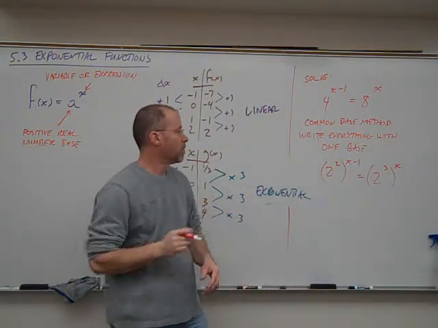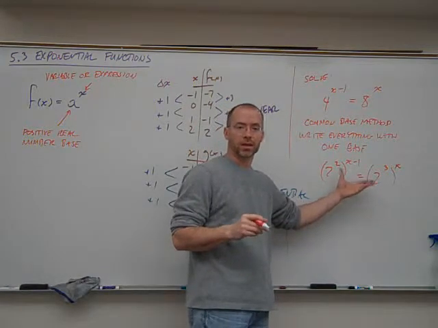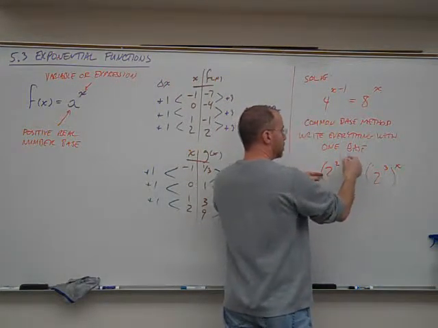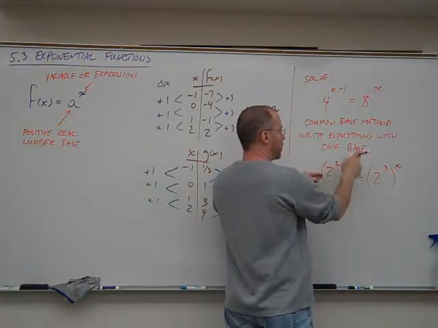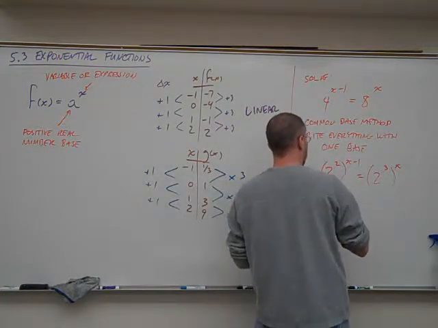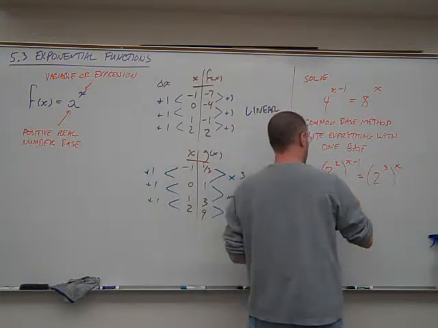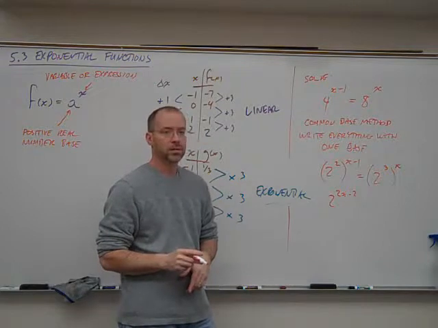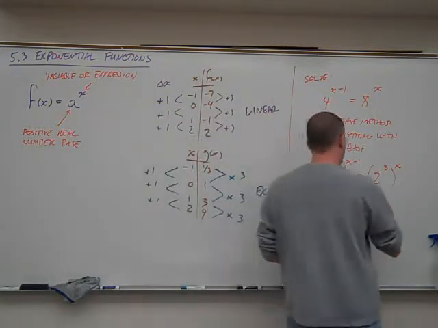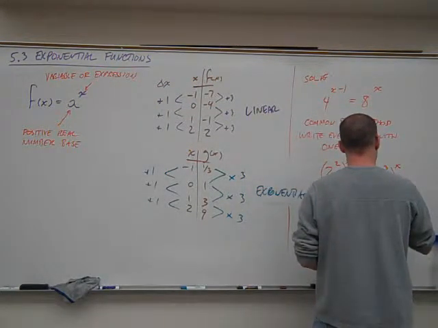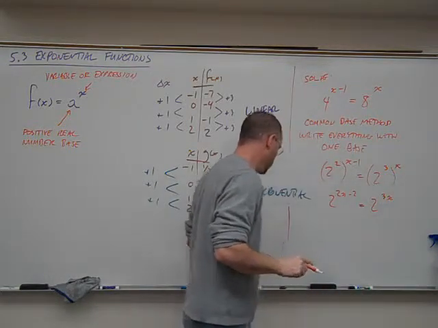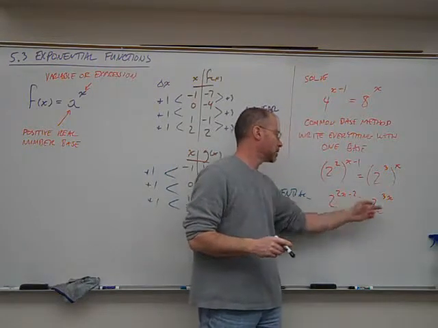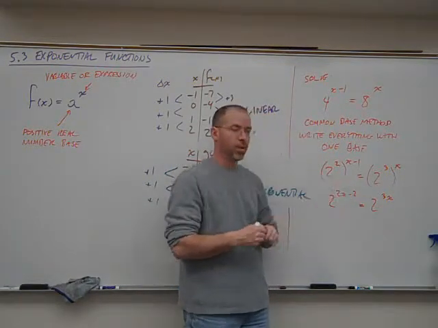You might recall from the memory jogger, you had some exponential expressions like this, and a property of exponents is that when you have a power raised to a power, an exponential expression with an exponent applied to it, you multiply exponents. So I'm going to distribute that: 2 raised to the 2x minus 2, and over here I'm going to multiply 3 times x. So you've got two different sides of the equation with the same base and different exponents.